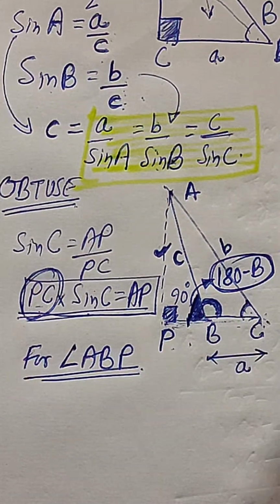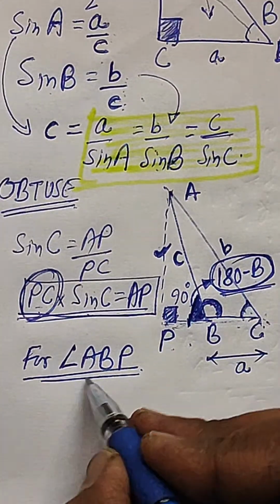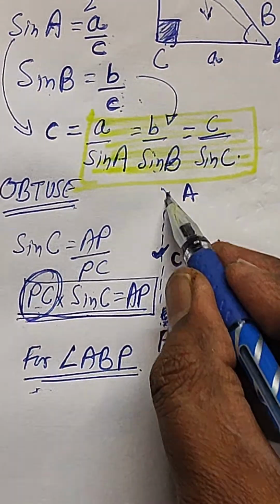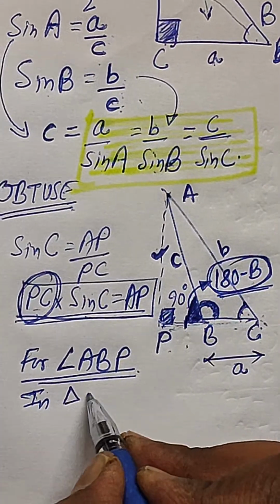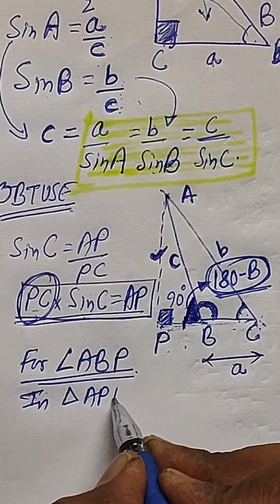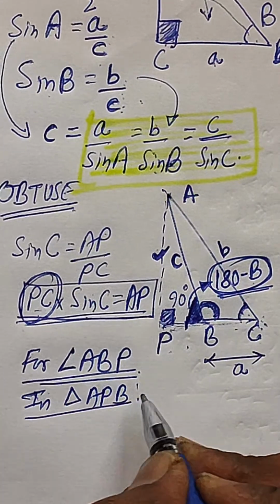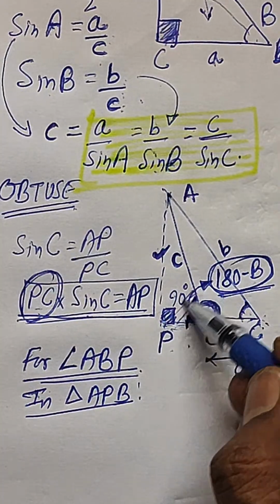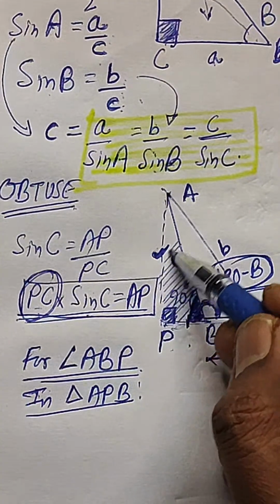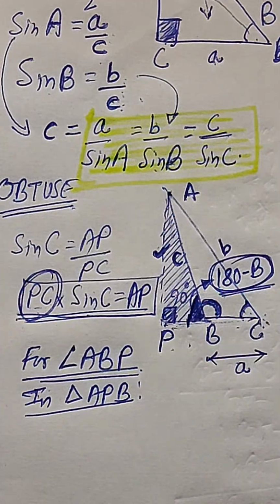If this is 180 minus B, then in triangle APB, I mean this triangle, we are considering the case of an obtuse angle triangle, my dear friends.